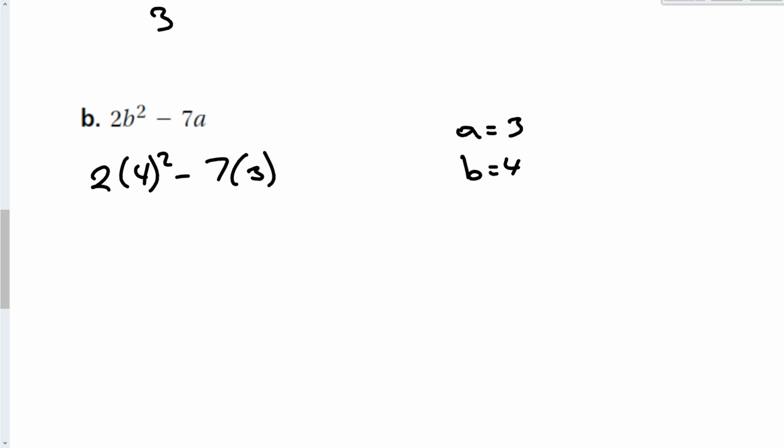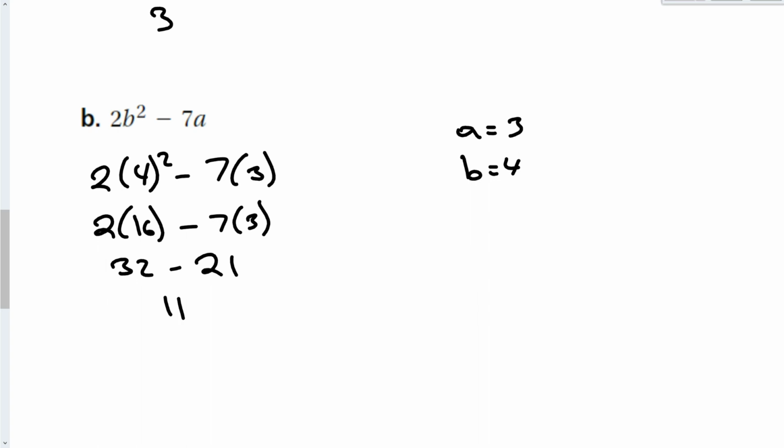Always easier to do it that way, so you don't get confused. So we're going to do 4 squared first, which is going to be 2 times 16 minus 7 times 3. Exponents first. So now we got 2 times 16 gives me 32 minus 21, and subtract to get 11.